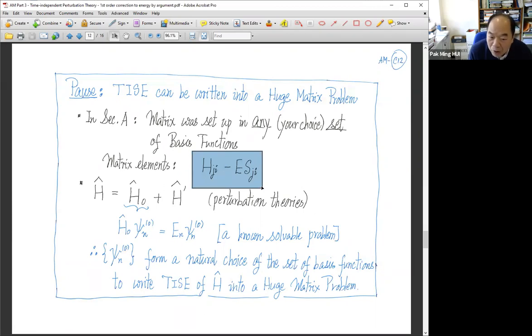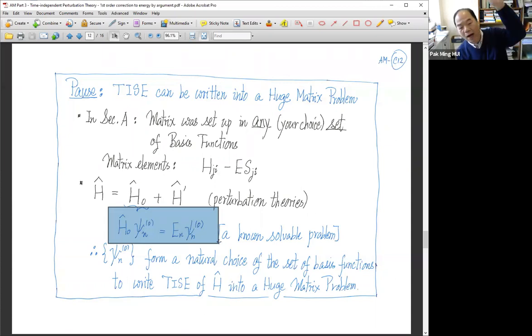Now, in perturbation theory, we have an H0 problem in which we know how to solve exactly for all eigenvalues and all eigenstates. So it becomes very natural to think about that. Since we have this set known, a natural choice will be, what if we use this complete set of H0 solutions to write this unknown problem into a big matrix? We can do it, right?